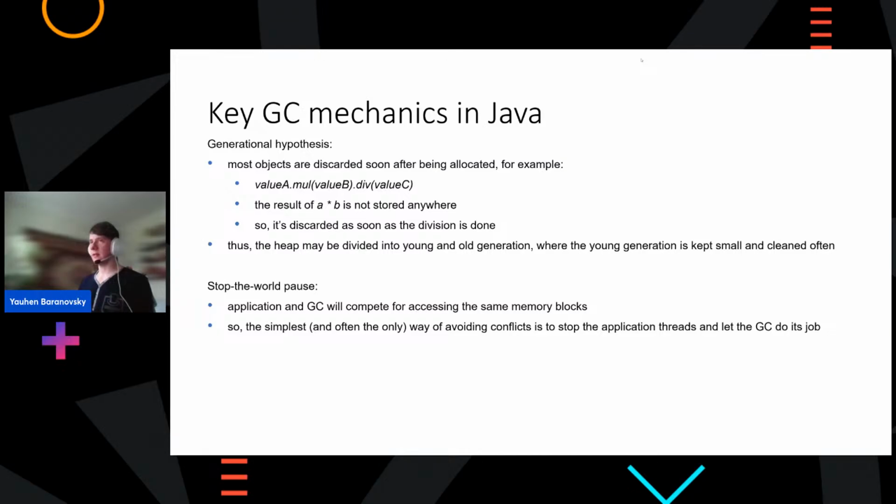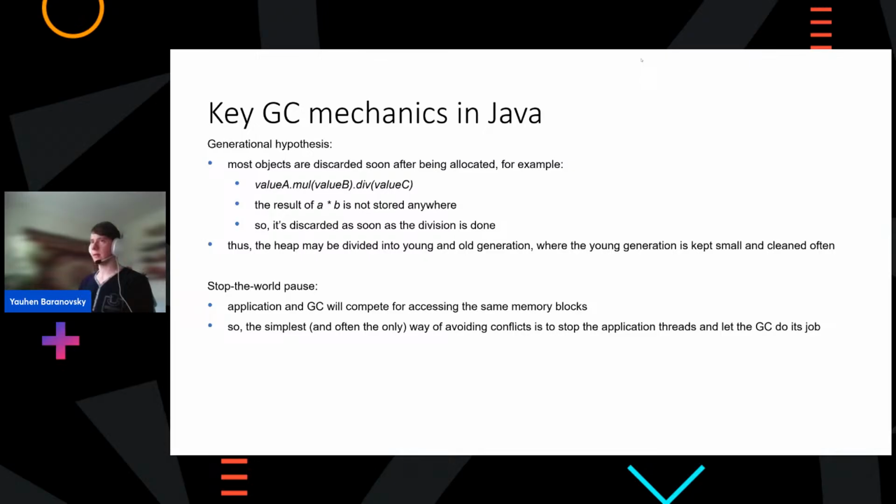As for the key garbage collection mechanics in Java, first of all, we have the generational hypothesis, which states that most of the objects allocated on the heap will become unneeded very quickly.